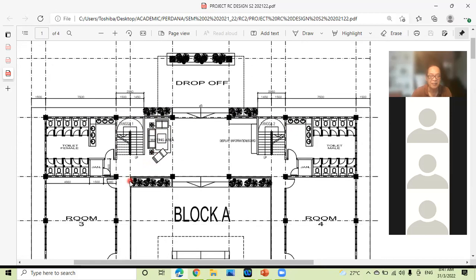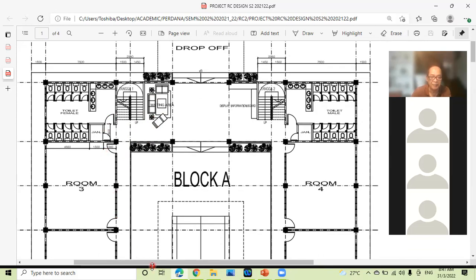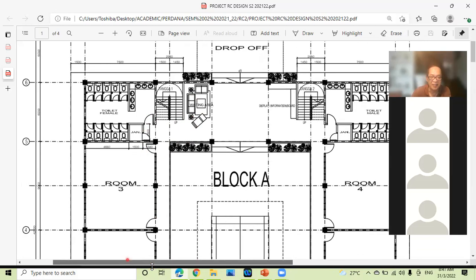Another important aspect that we can try to understand from the architectural drawing is that apart from the dimensions, this particular architectural drawing clearly indicates column positions within the building. Usually some architects would not indicate where the columns for the building should be, because the position of columns is usually determined by the structural engineer.